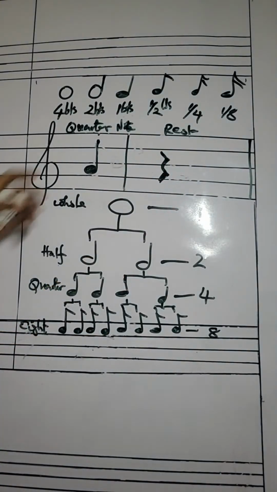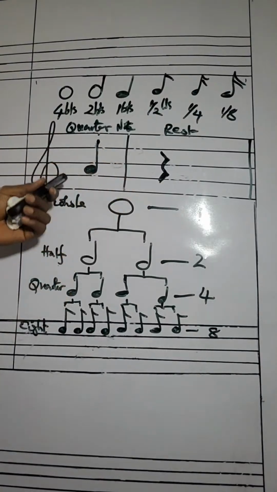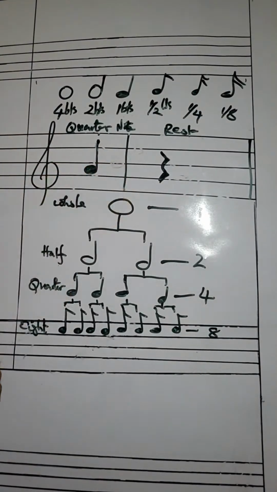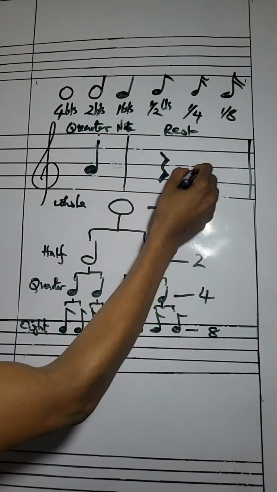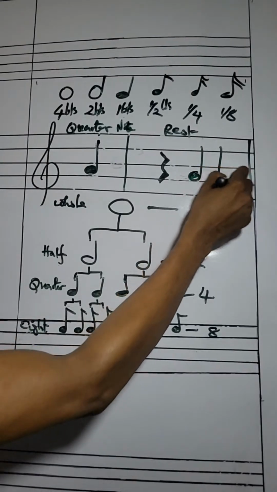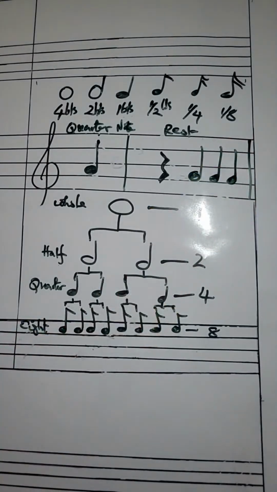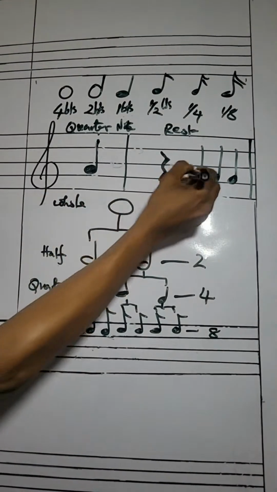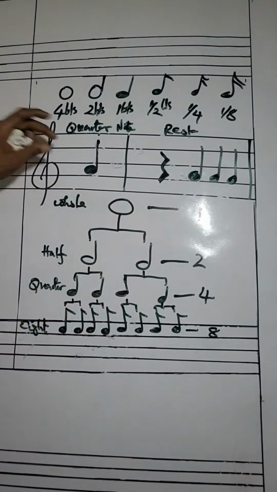We said your quarter note takes one count. So at times you see a piece of music, you see this, and you see the notes again like this. This is telling you that you are supposed to rest.